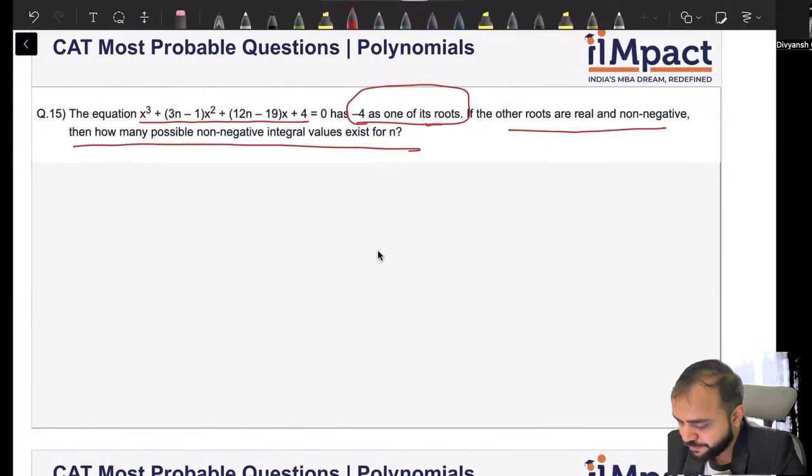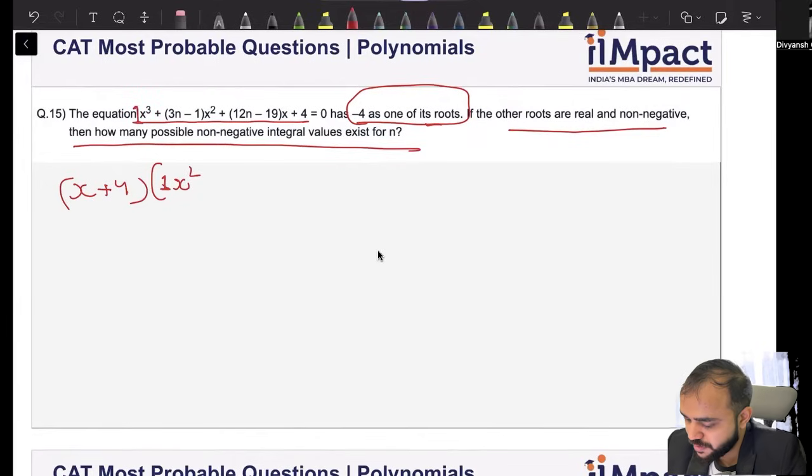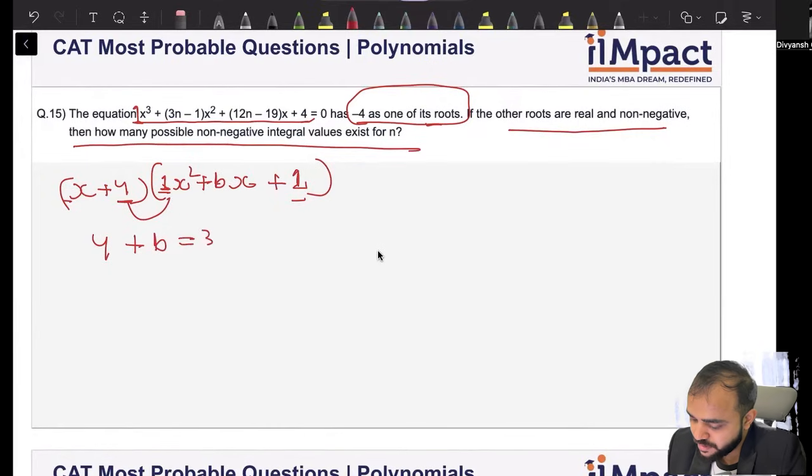So this will become x plus 4 into, I will get x square, leading coefficient will be 1 because x cube coefficient is 1. And the constant will be plus 1 because I will get 4 into 1 is equal to 4. Now let me just call this plus bx. So I will get x square coefficient as 4 plus b, which is given to me as 3n minus 1.